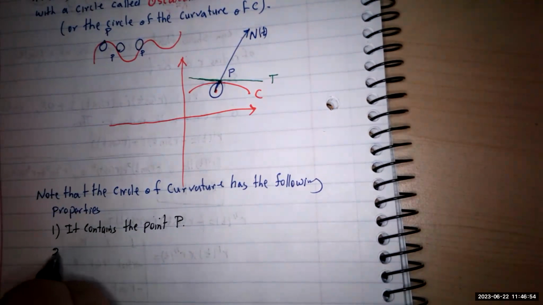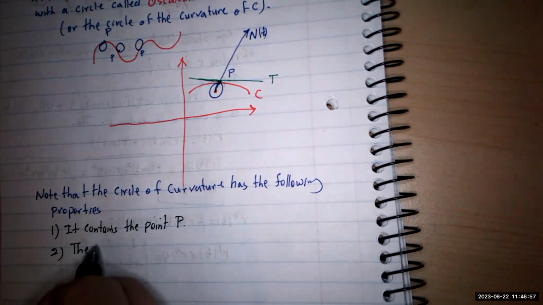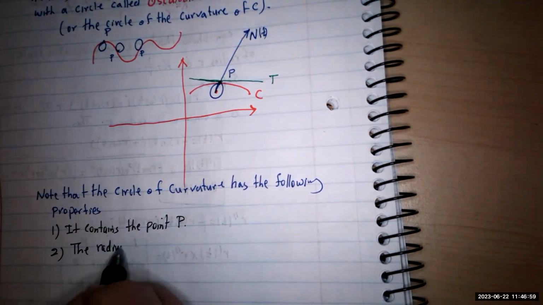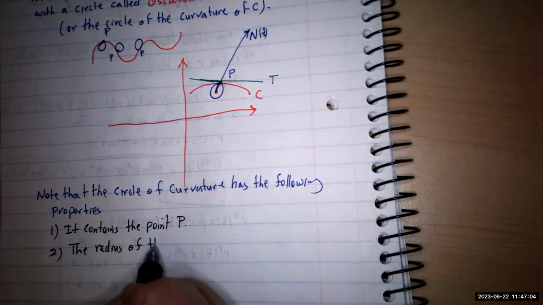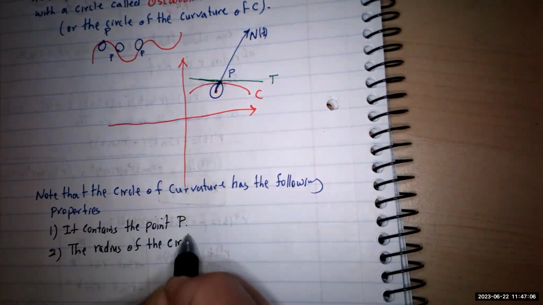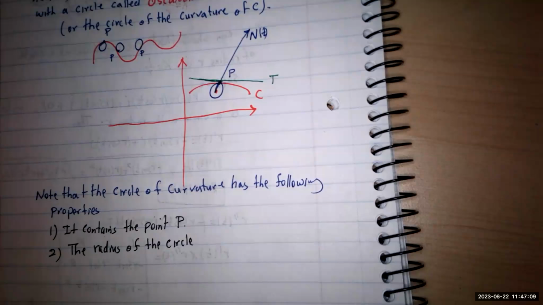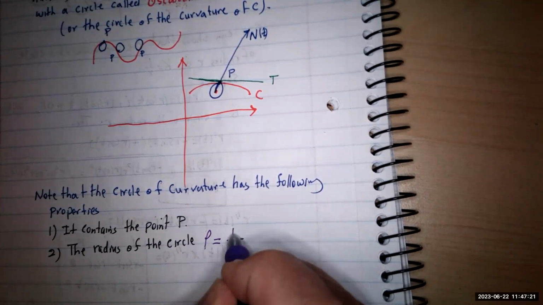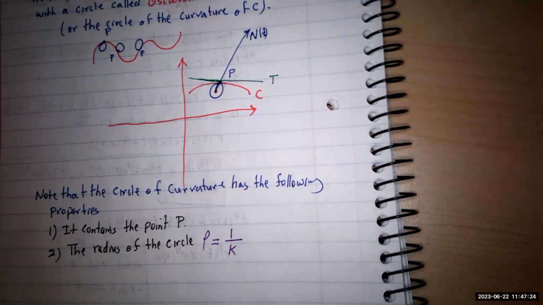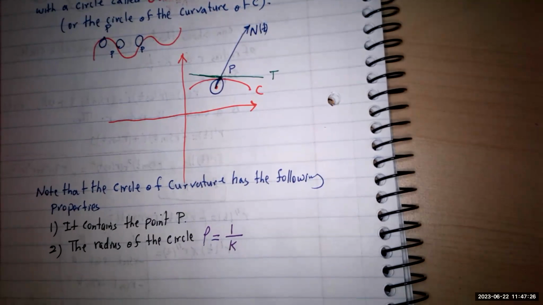Second one, the radius of the circle. You know that the radius is the reciprocal of the curvature. They usually denote this by a special notation, rho. Rho is equal to 1 over k, the radius of curvature. So the radius and the curvature are reciprocals of each other.